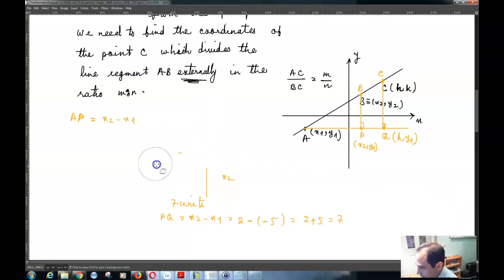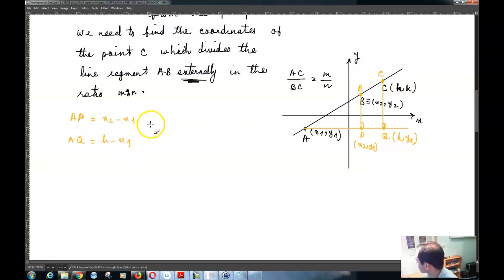Now, there is another distance over here, which is AQ, and that is equal to basically the y's are the same, so h minus x1. There is the distance BP over here, which is equal to, so the x's are the same.